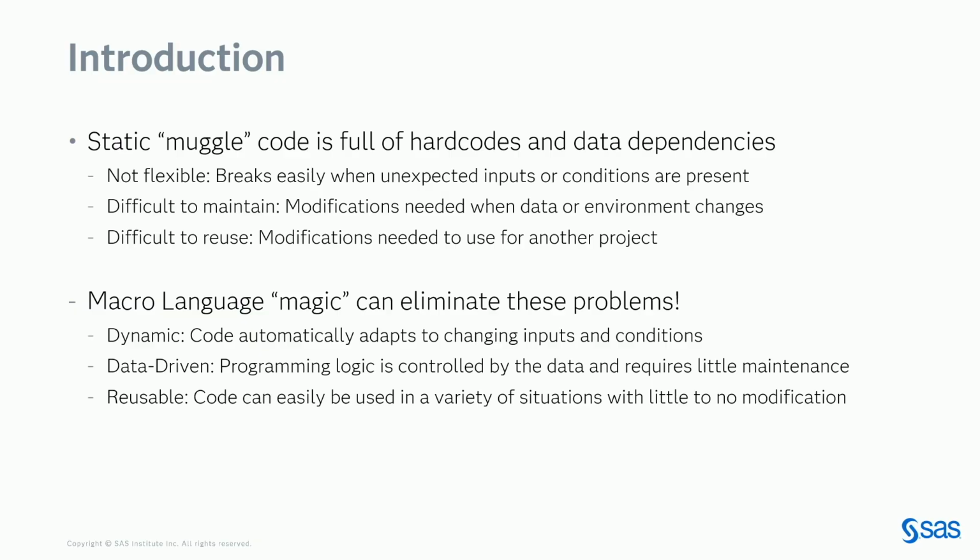Now, Professor Horstman, we may have some new students this year or maybe some transfer students, and so we have to explain to them what you mean by muggles. All right, so muggles refer to those static little bits of hard coding that are in your code.